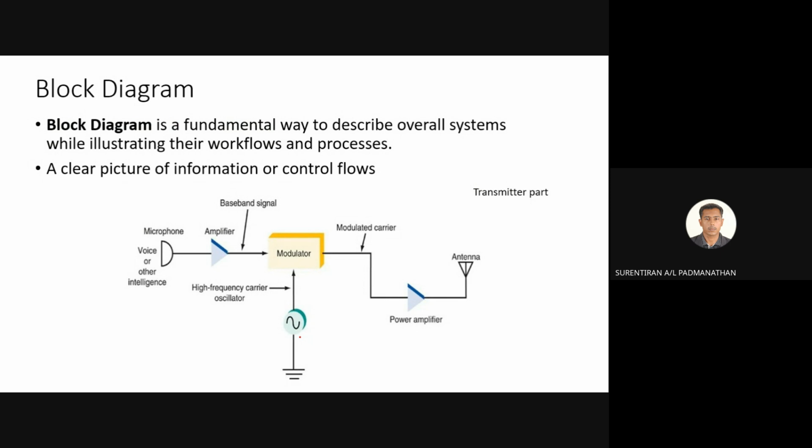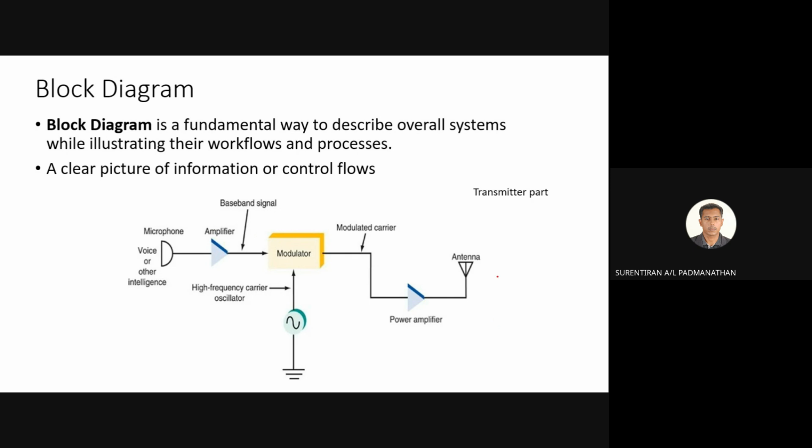A block diagram is a fundamental way to describe overall systems while illustrating their workflows and processes. For electronic students, we'll have block diagrams, and for computer engineering students also. It gives a clear picture of information or control flows. You have to make sure you clearly identify the block diagram of your project.